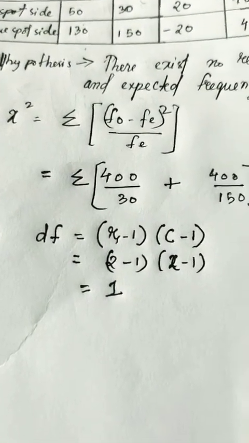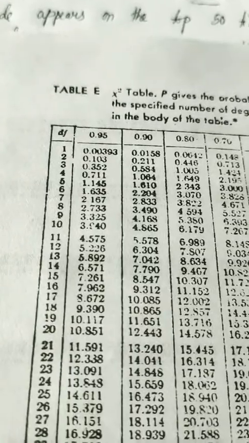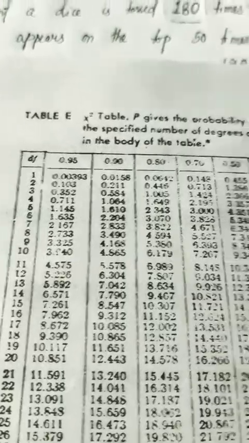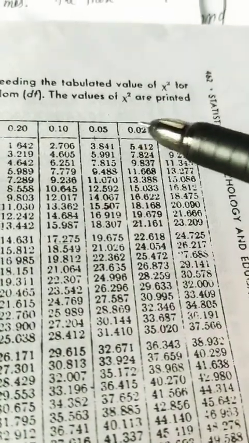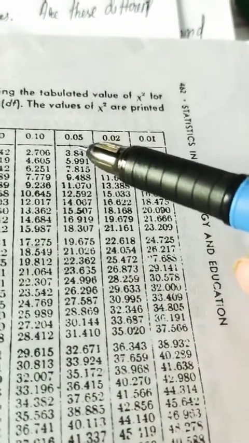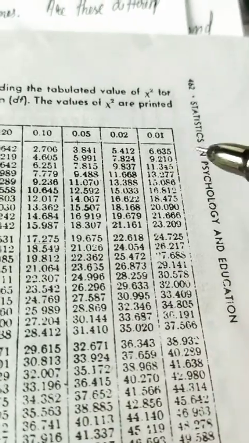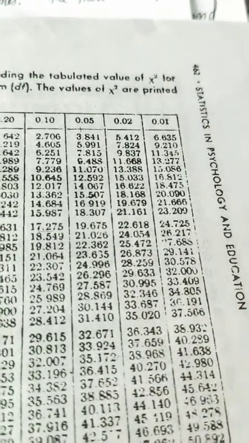So now looking at the chi-square table, the degree of freedom 1 at 0.05 level and 0.01 level, we see that the value at 0.05 is 3.841 and the value at 0.01 level is 6.635.